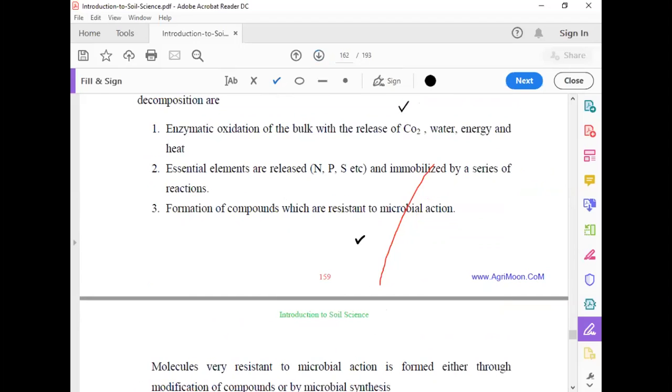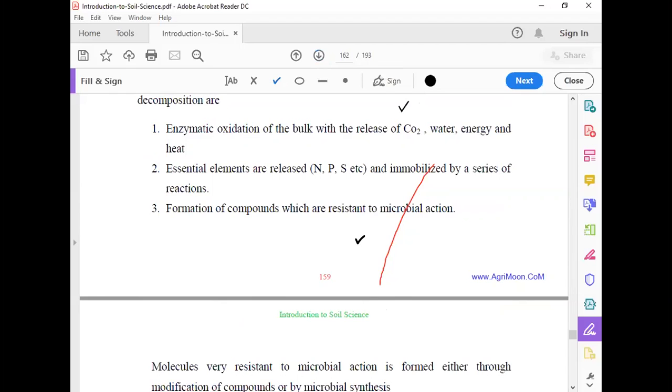Decomposition of organic matter includes enzymatic oxidation. Then essential elements are released, that is NPS, with the production of very little amount of organic acids, that is carbonic acid H2CO3, and it is immobilized by a series of reactions.